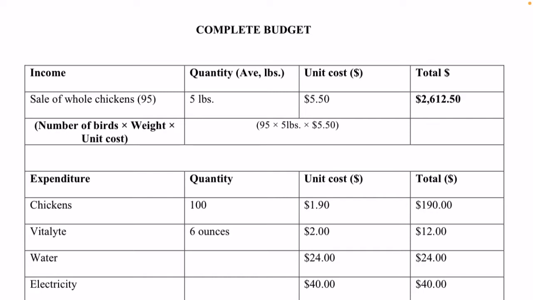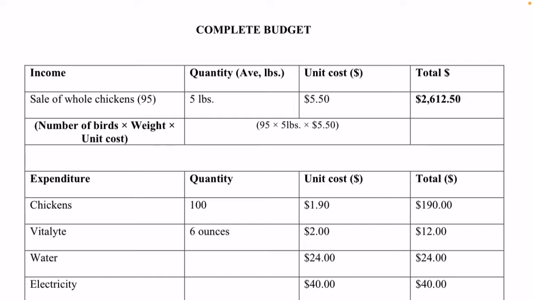So in this case, we approximated that 95 birds will survive the growing period. And we also approximated that the average weight per bird will be approximately 5 pounds. Also, our approximate figure for the unit cost that we will sell each bird per pound by would be $5.50.